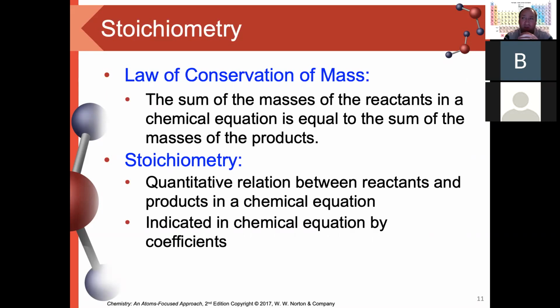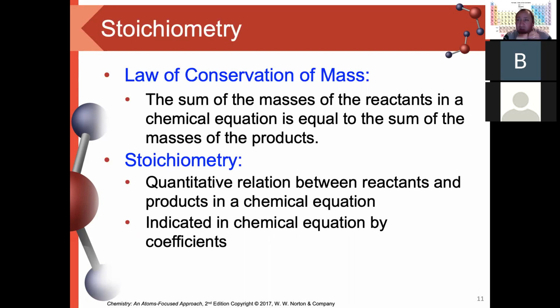So we had our calculations in chapter 2, where we were able to go between masses and moles of compounds and particles and do all those kinds of interconversions using molar masses or Avogadro's number. And here in chapter 7, we're doing the same thing, only we're integrating one extra aspect, and that one extra aspect is the balanced chemical equation.